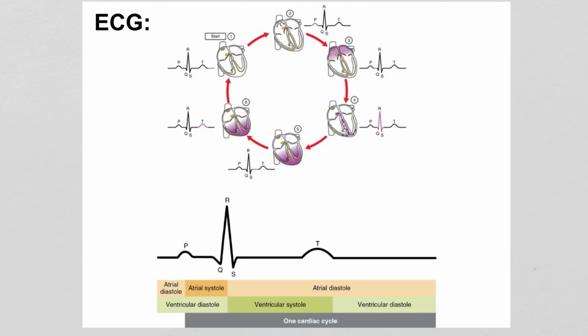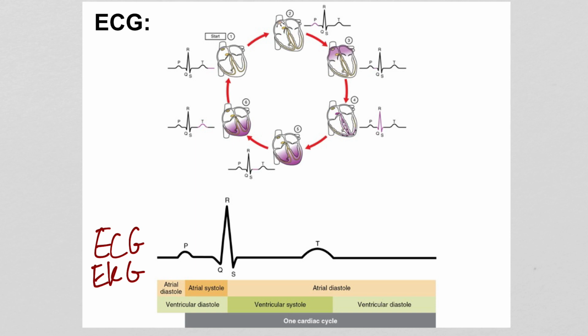Okay, so now's the time to sort of put some of this stuff together. This line down here is showing you an ECG. You will also sometimes still see it called an EKG. The K is because the Germans developed the ECG, and cardio is spelled with a K in German. It's the same thing. So in an ECG, we're putting electrodes on a person's skin, and we're measuring the electrical signals coming off of the heart.